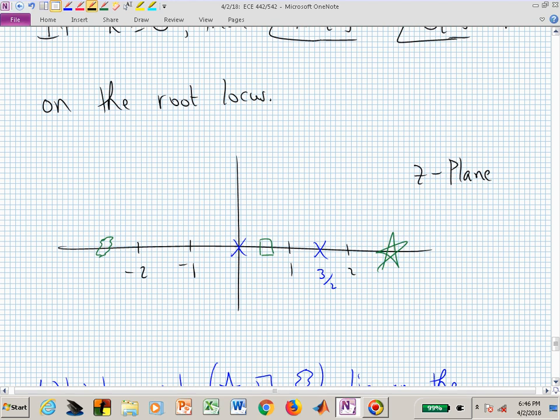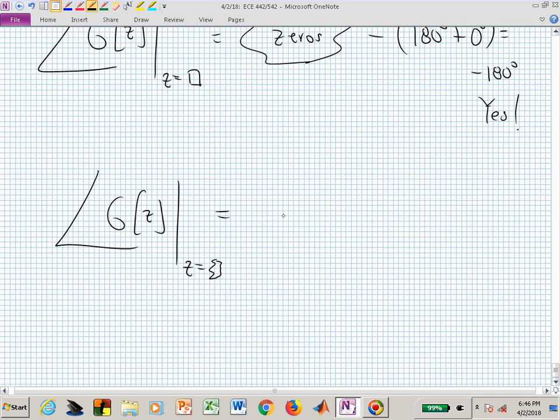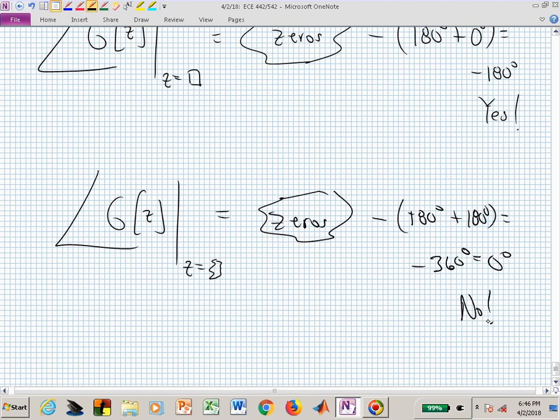I have 2 180s. So zeros, I didn't have any zeros, but do you see if I had zeros you could find the angle from those to those points? Minus 180 plus 180 equals minus 360, which is 0 degrees. That puts me back at 0, which is no, that's not on the root locus.